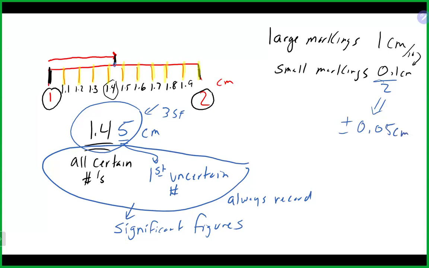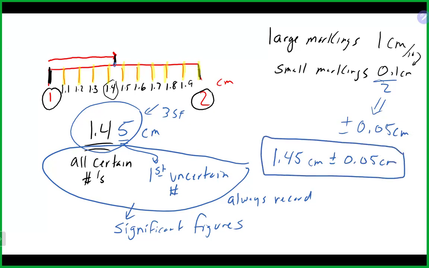That's really the uncertainty in this particular measurement. And the proper way at this school that they would like you to record measurements in the lab is you would record 1.45 centimeters plus or minus 0.05 centimeters, right? Any questions on that?